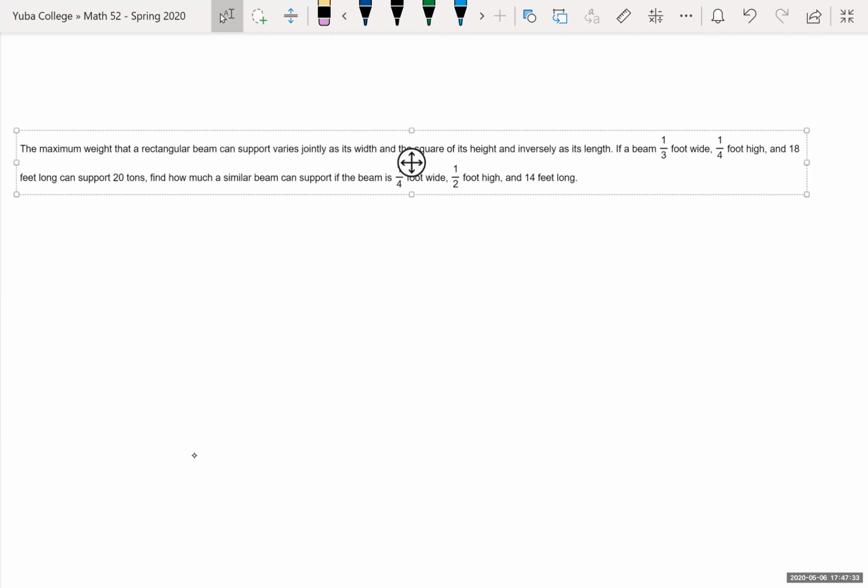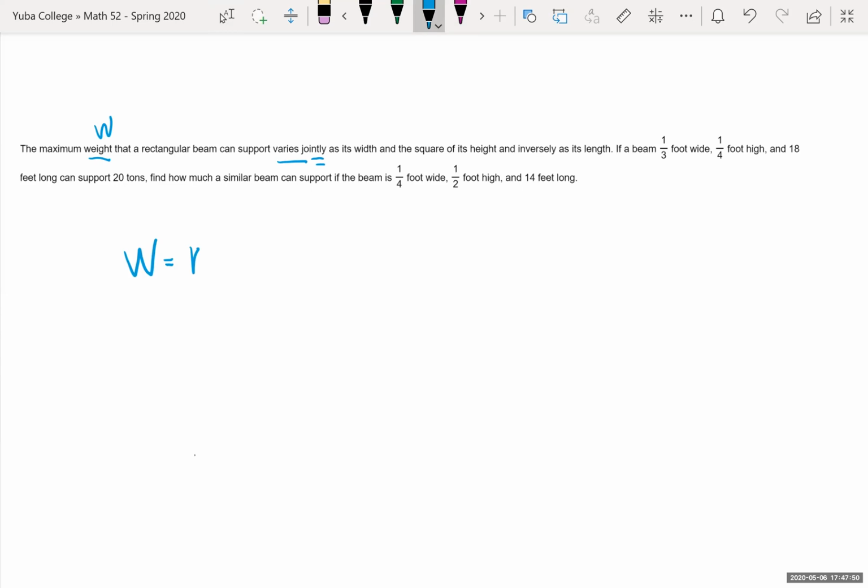I know it's also maximum weight, but this varies jointly. So right now I have W equals, it's varying, so it's a variation problem. I'm putting my k in there. We're not going to have color this time.